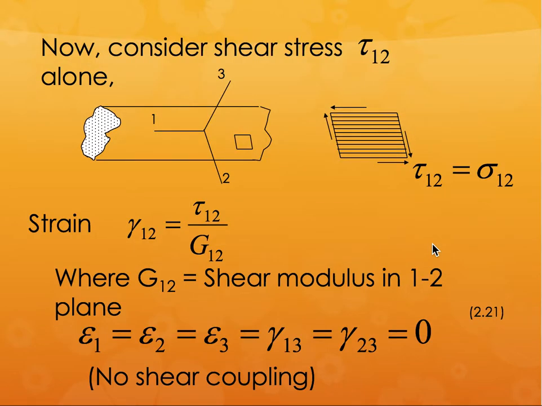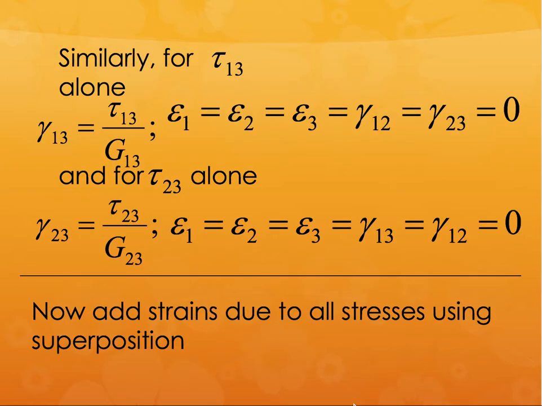In that case, you can simplify this further. So you can say that the shear strain gamma 12 is equal to tau 12 over G12, where G12 is the shear modulus in the 1-2 plane, and many of these cases are going to turn out to become 0. So this becomes extremely simplified.